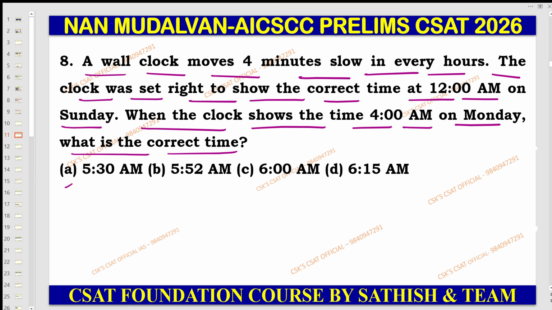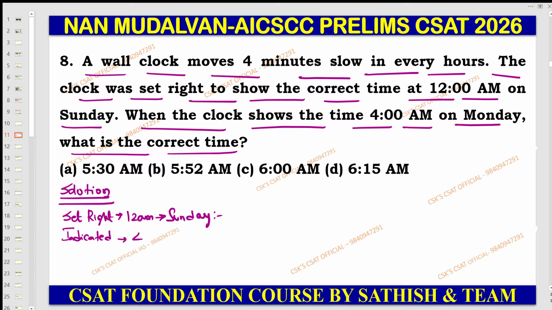Now here, what are the things you need to consider? There is a possibility to make a mistake, right? Let me tell you here. Set right, 12 a.m. Sunday. Faulty clock concept. Now, what is the indicated time? 4 a.m. Monday.